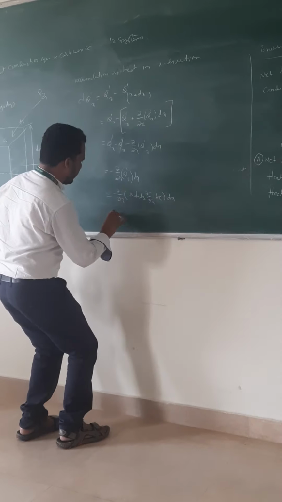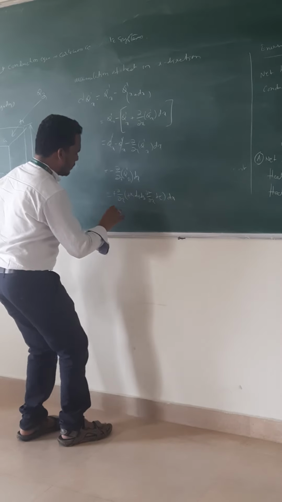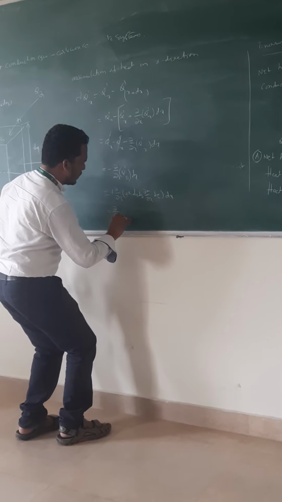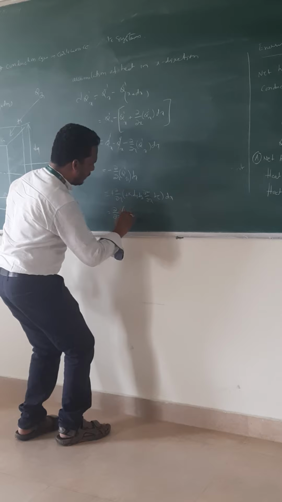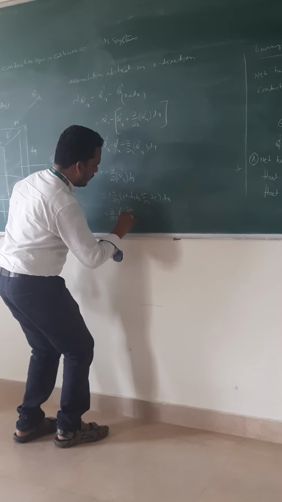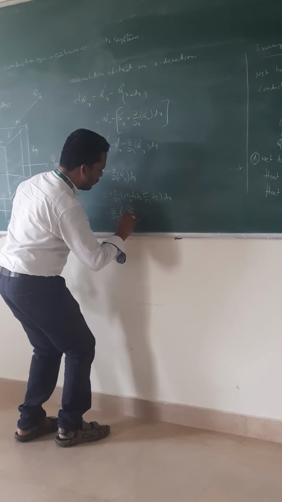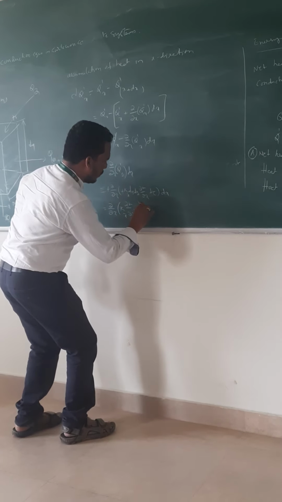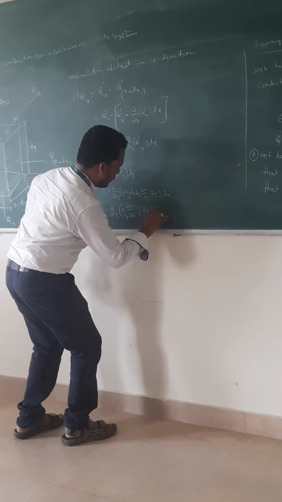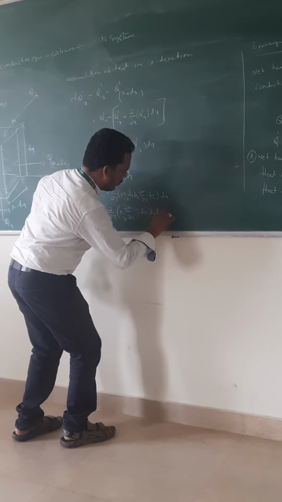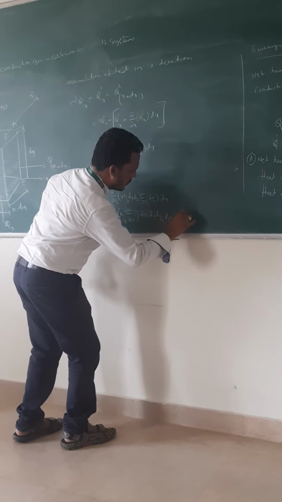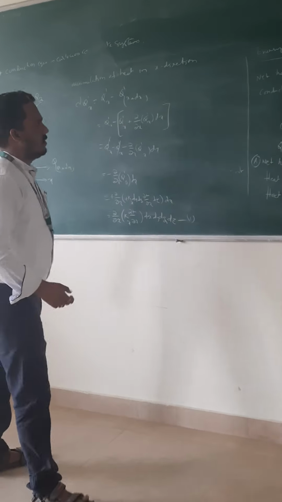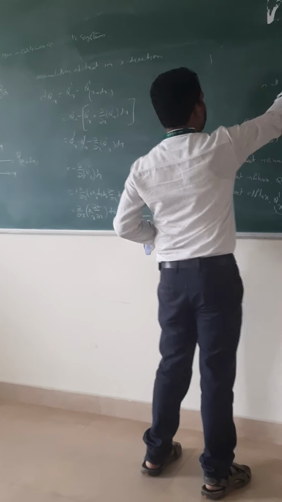Minus minus is cancelled, giving plus dou by dou x into kx dou T by dou x into dx dy dz into d tau. This is equation 1.